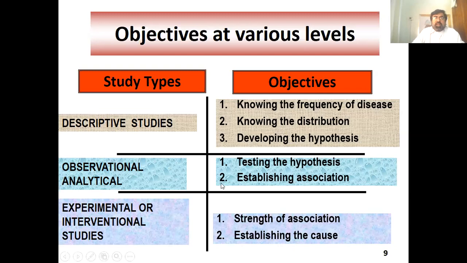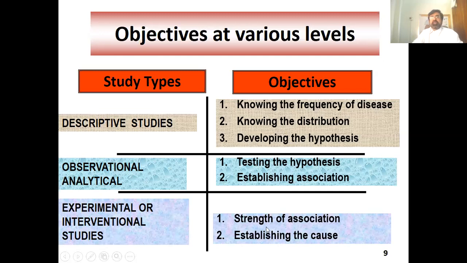And observational analytical studies are basically for testing the hypothesis and for establishing an association. Establishing association between the factor and the disease, testing of a hypothesis which you have already formulated in the cross-sectional studies, you have to test those in the analytical studies. In the observational analytical study, you have to test the hypothesis, you have to look for the association, but you are not intervening.